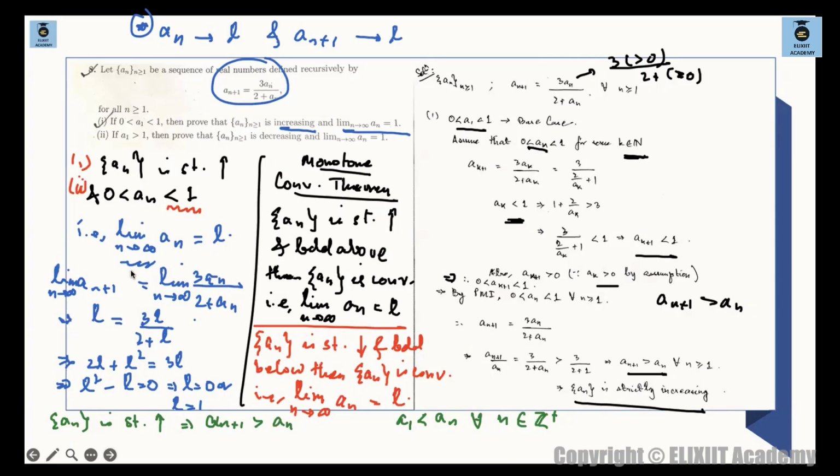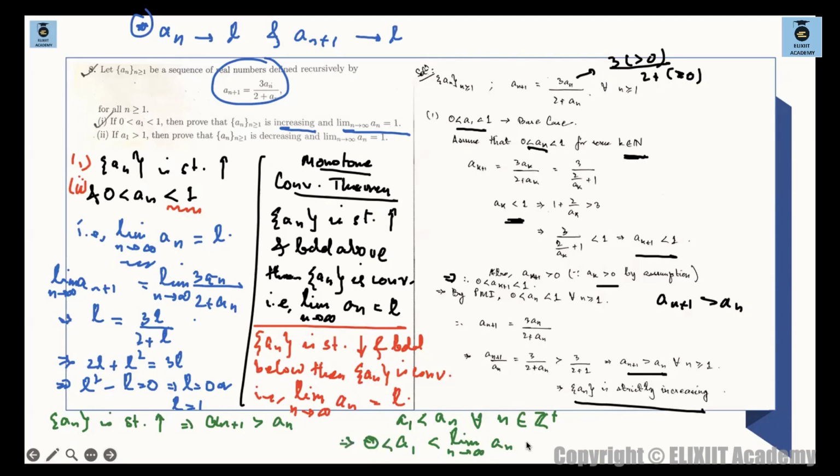And also A1 is given to be more than 0. The best thing will be to take limits on both sides. If you take the limit as n tends to infinity, A1 will be A1 only, because it is not dependent on n, and this is less than the limit as n tends to infinity of AN. Now A1 is also positive, A1 is greater than 0.